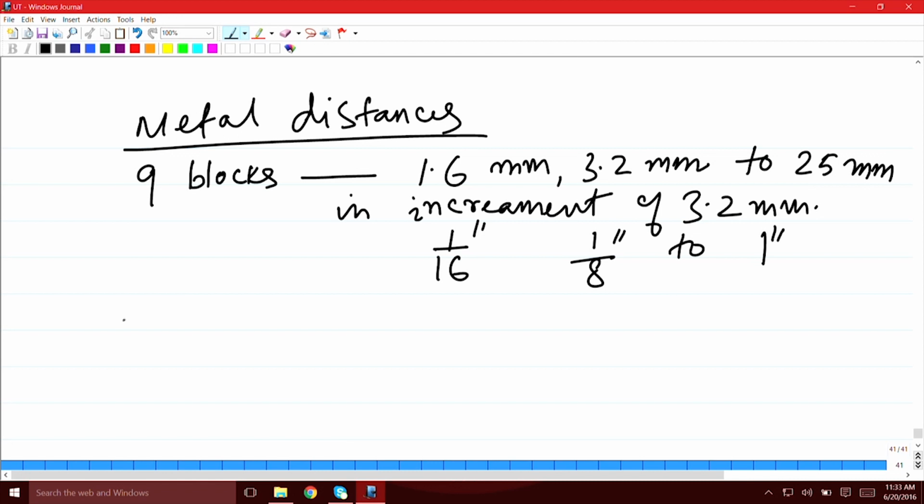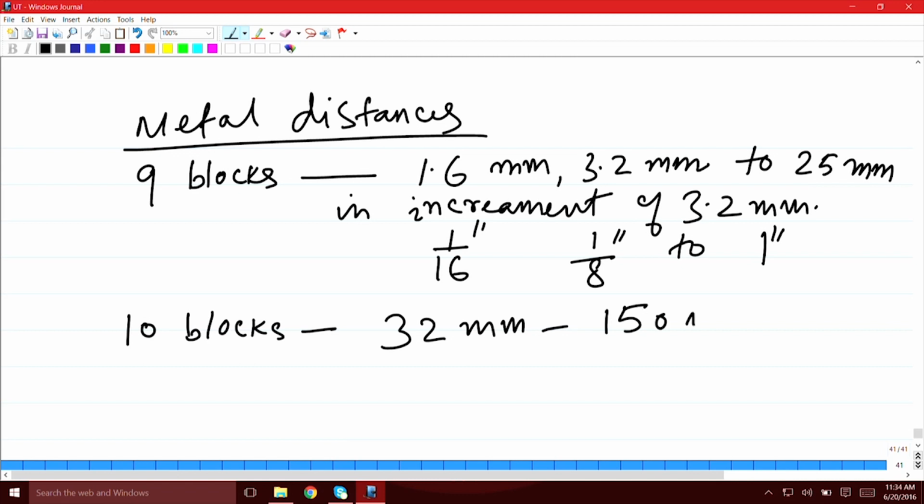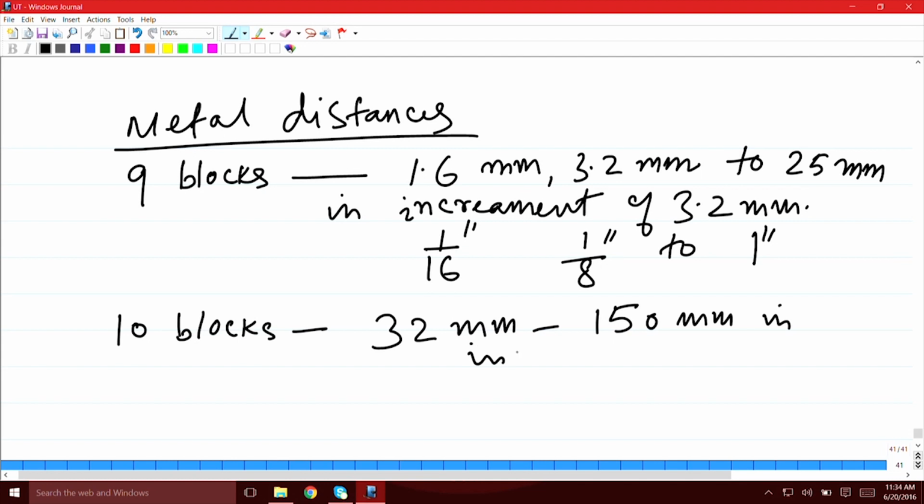And then you have 10 other blocks with metal distances of 32 mm to 150 mm in increments of 13 mm, or half an inch.